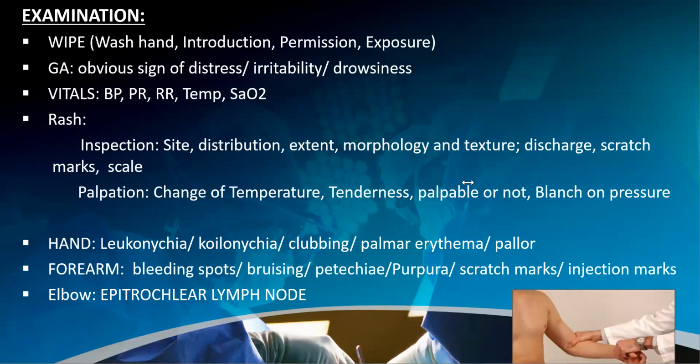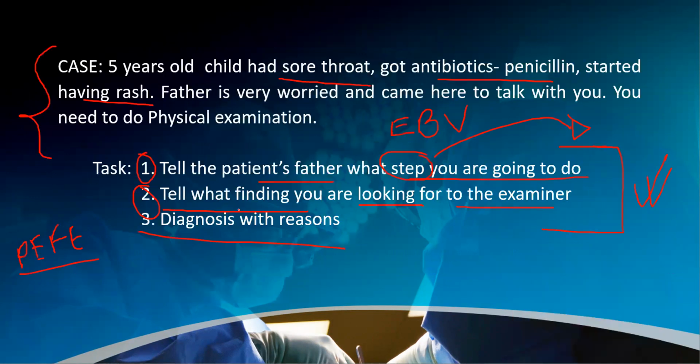Yes, Dr. Onur, this way you can finish in a very nice and fast way. This is a very good way. Now, you always have to look at how the task comes. If your task is that you just need to talk the steps of examination, a step involves only what you are looking for. A step doesn't involve that you are looking for koilonychia, leukonychia, lymph node.